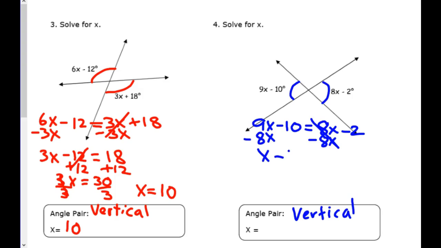Bring down minus 10 equal sign negative 2. And my last step is to get rid of that minus 10. Plus 10, negative 2 plus 10 is 8. So x equals 8.